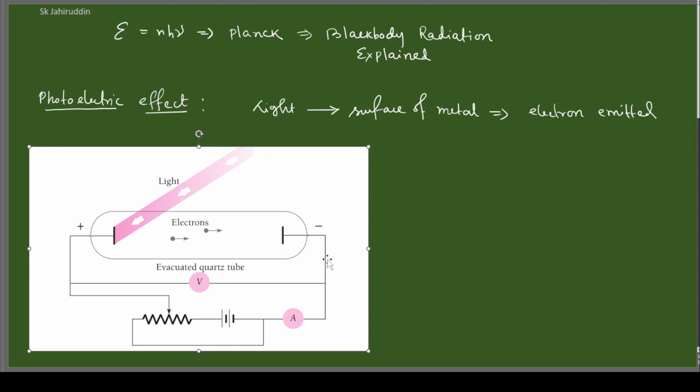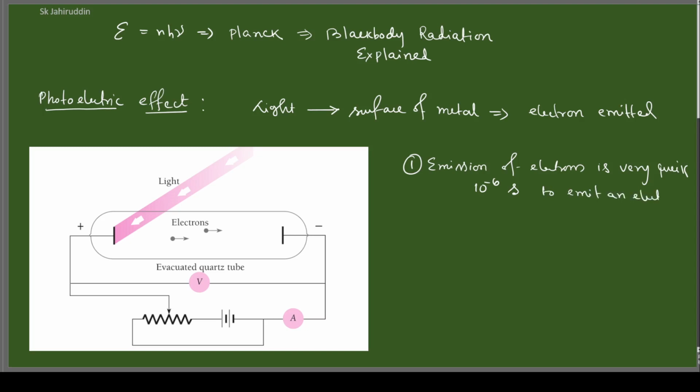Three important phenomena were observed. First, the emission of electrons is very quick. It takes 10 to the power minus 6 seconds, that means on the order of a microsecond, to emit an electron.